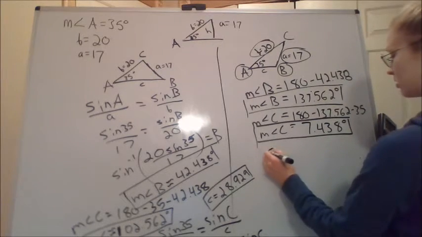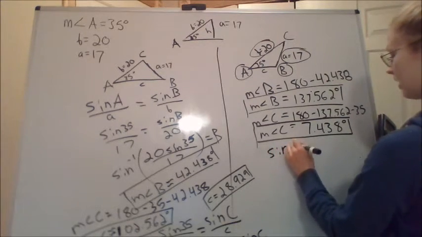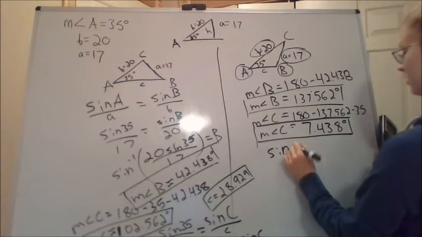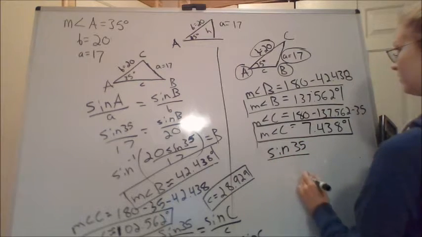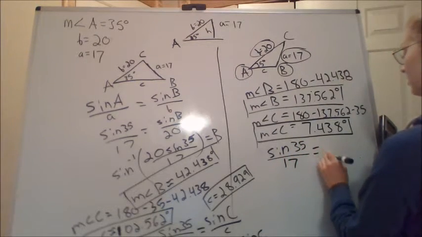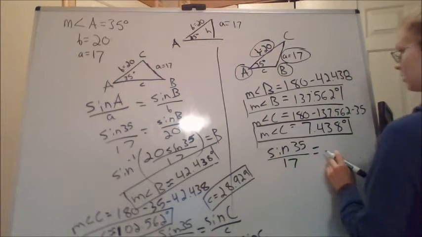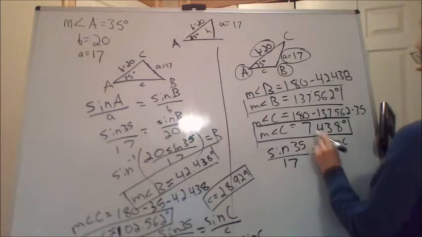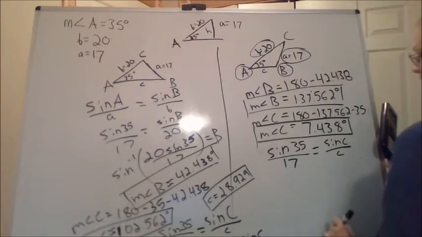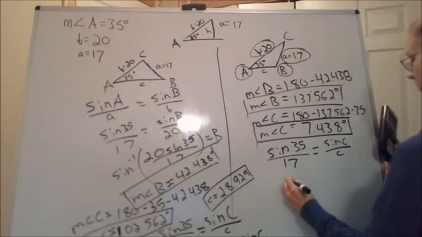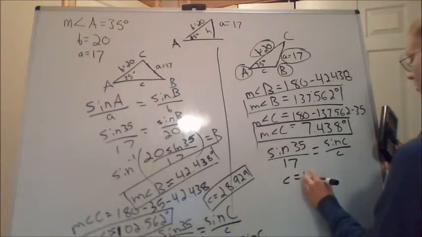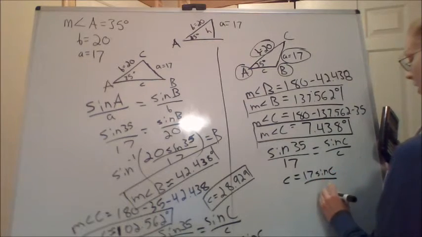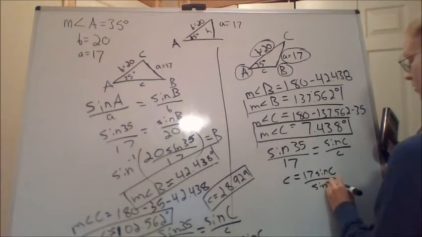And so now we're going to go sine of A, and A is going to be 35. Sine 35 divided by the side length of A is equal to the sine of C, what we have right here, divided by C. So let's rearrange this a little bit. We have C is equal to 17 sine C divided by sine 35.